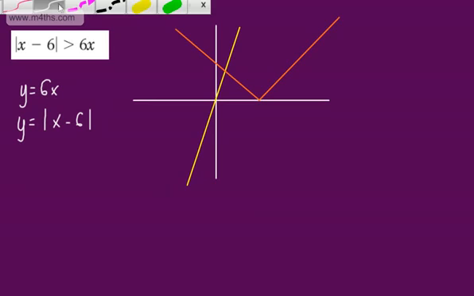This point right here is going to be (6, 0), as that's where y is 0, and this point is going to be (0, 6). It used to be down here at negative 6 if it was just y equals x minus 6.